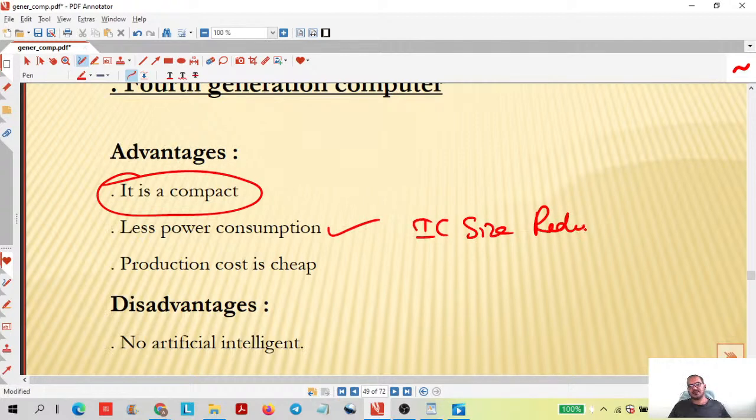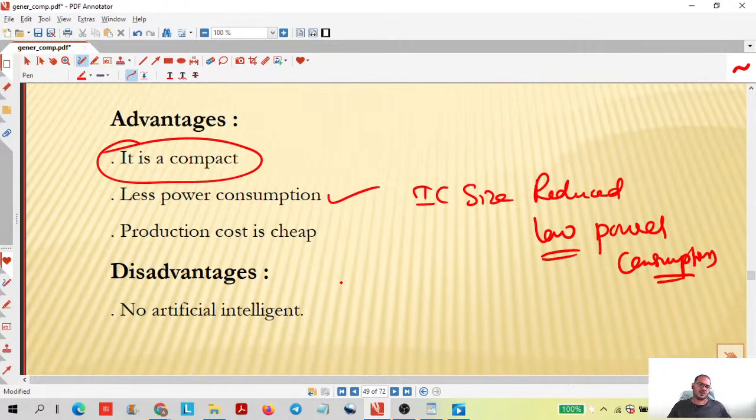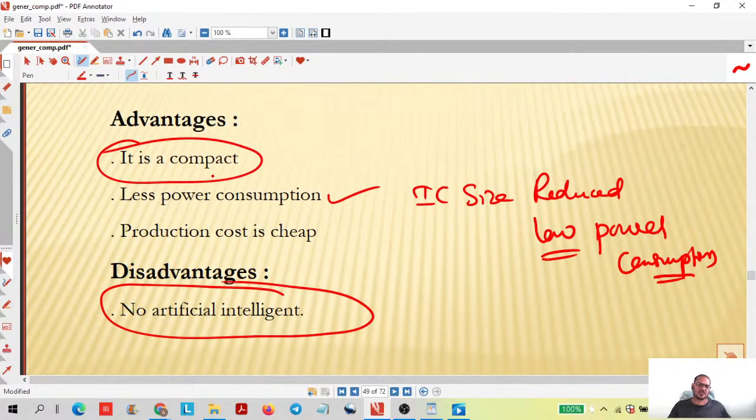Low power consumption, and the production cost is also cheap. But the drawback is that there is no artificial intelligence in the fourth generation computer.